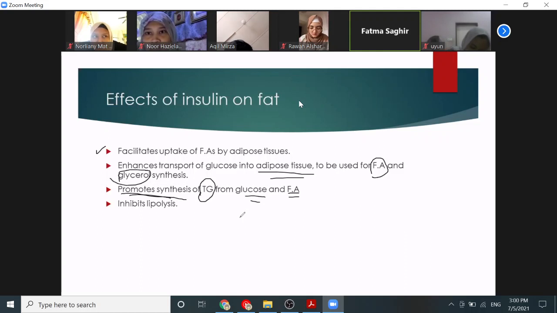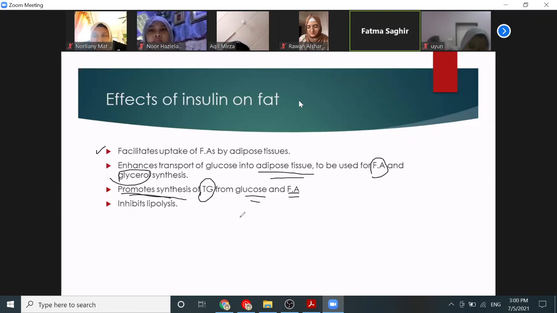So we can say indirectly, glucose is used for triglyceride production. That's why if you eat a lot of cakes or chocolates, you gain weight. So your fat will increase more and more. You are eating glucose, but the fat increases because extra glucose will be converted into fat like that.